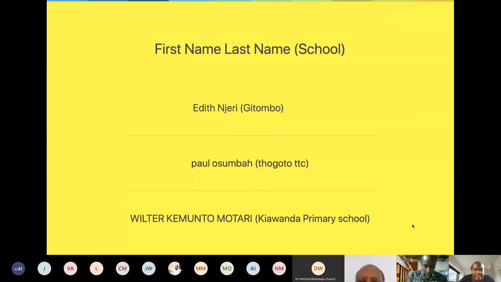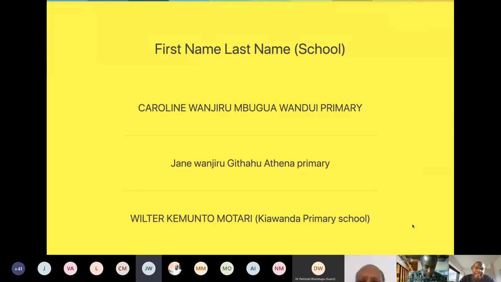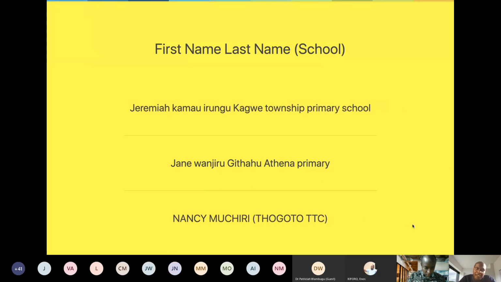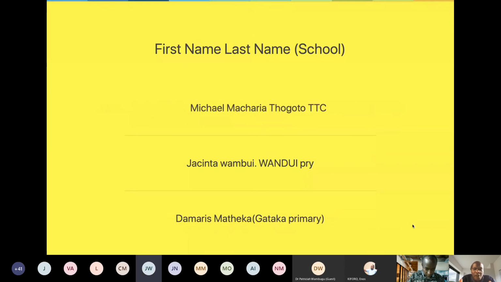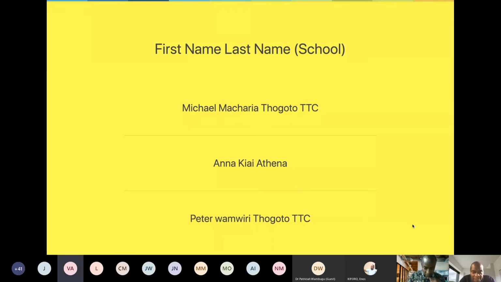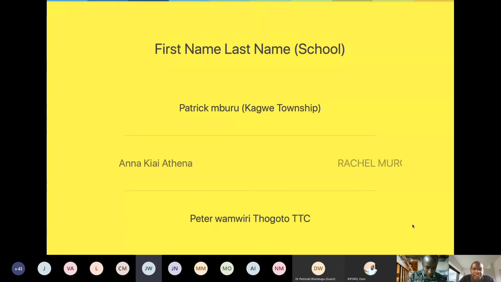We are clicking the link which is shared in the chat, and the link will open this file on your device. So you'll use this file to enter your information while you listen to us. If you can hear us, you're already here. So click and use whatever comes up when you click, and use it to enter the information required.